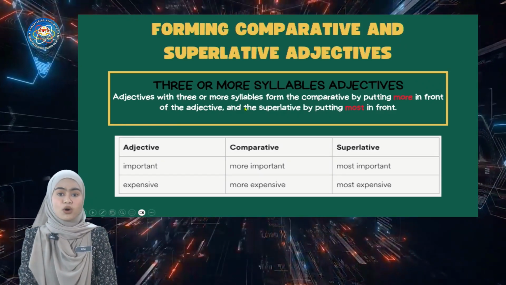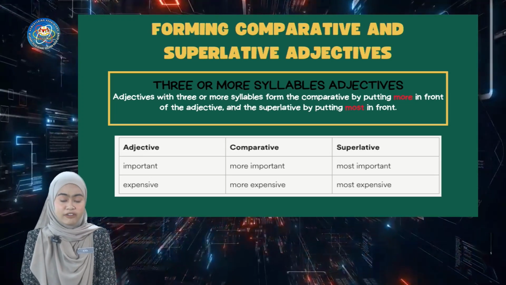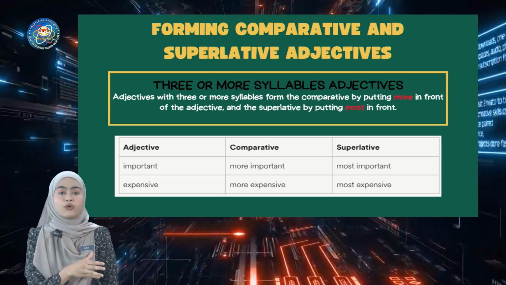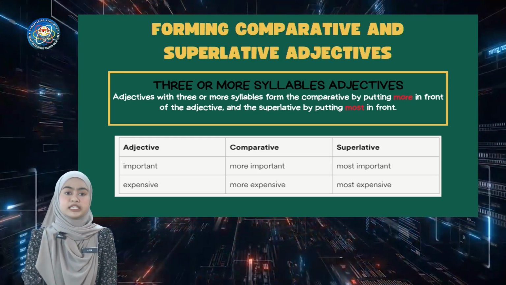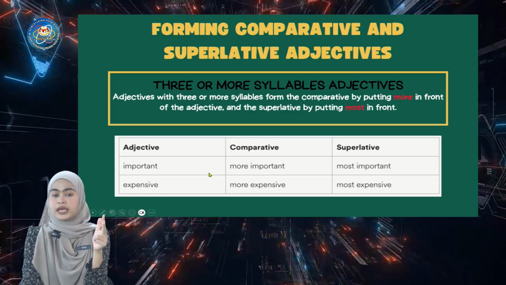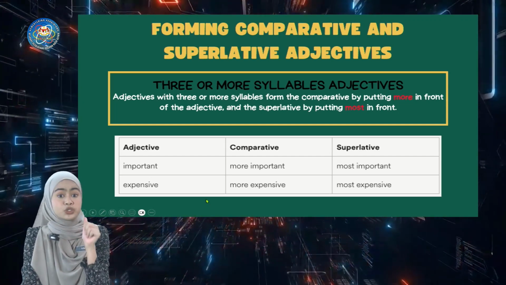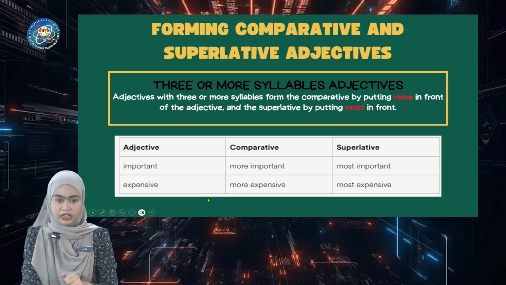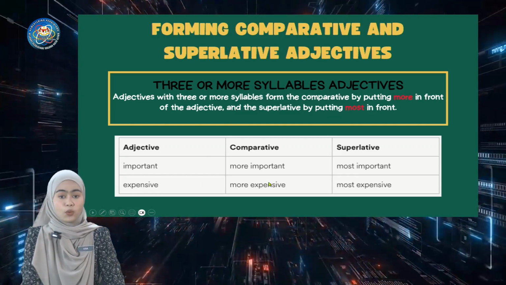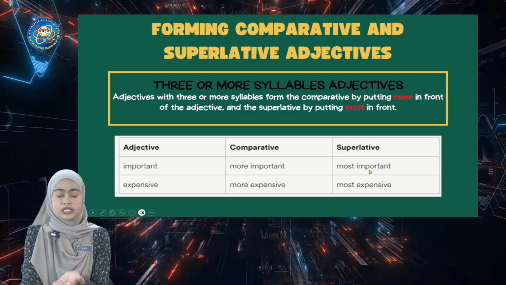Adjectives with three or more syllables form the comparative by putting more in front of the adjective, and the superlative by putting most in front. The same as how we form two syllable adjectives. Here we can see important. Important is a three syllable adjective, and expensive is also a three syllable adjective. For both of these words, for the comparative we put more, and for the superlative we put most.